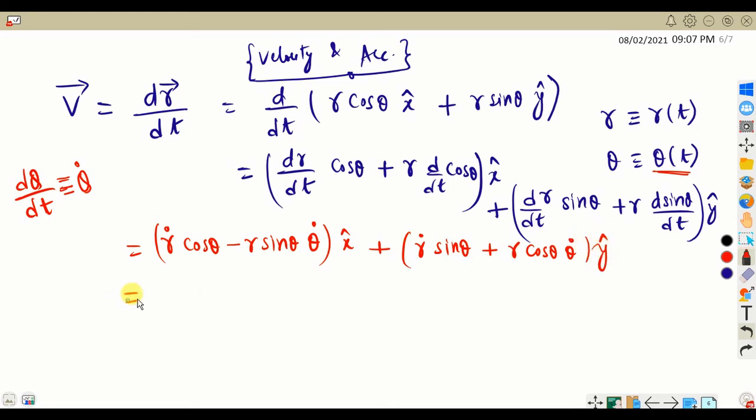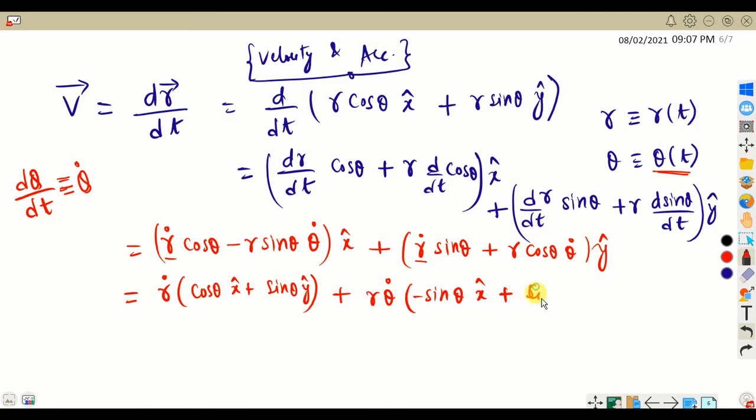Great. Now we can see here a very nice pattern: r dot times cos theta x hat plus sin theta y hat. We took this common, and again we are seeing something very interesting. If I take r theta dot outside, I have minus sin theta x hat plus cos theta y hat.